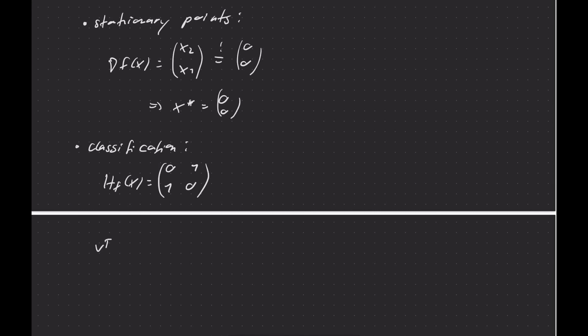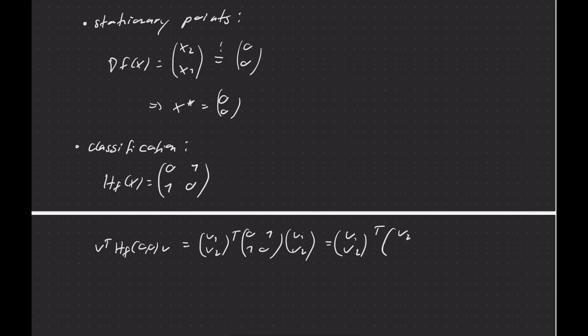So that means we can again investigate this expression here. And that is v1, v2 transposed, 0, 1, 1, 0, v1, v2. So we get v1, v2 transposed times v2, v1. So in effect we have 2 v1 v2.